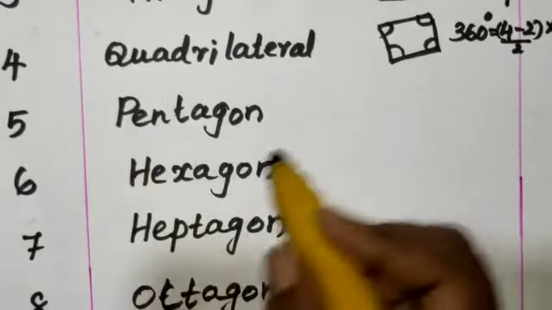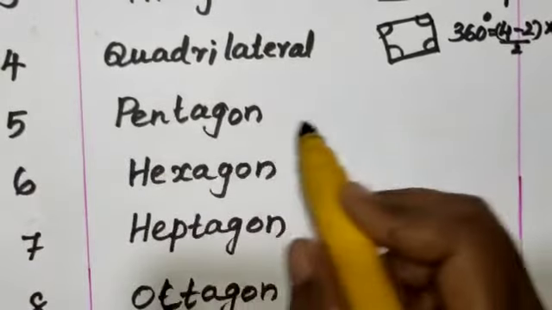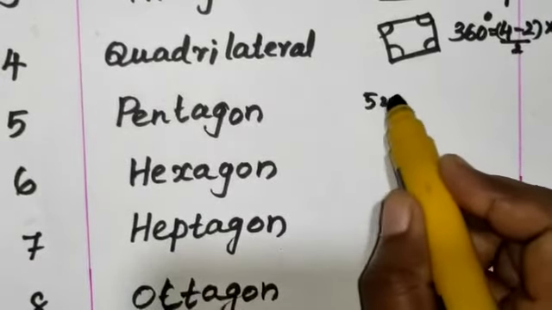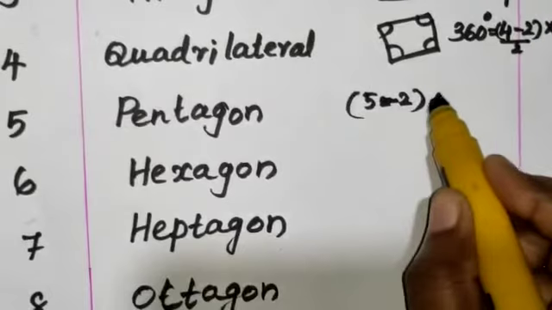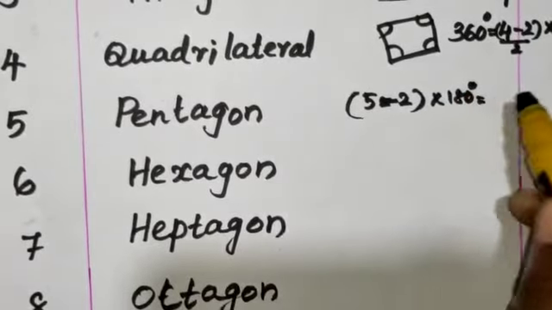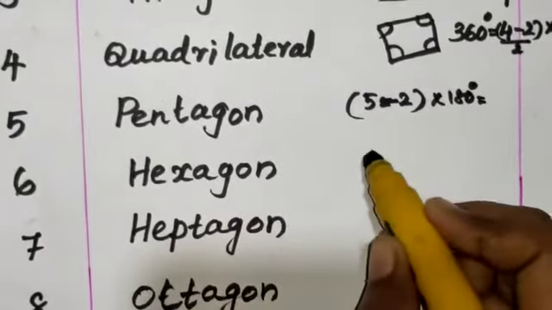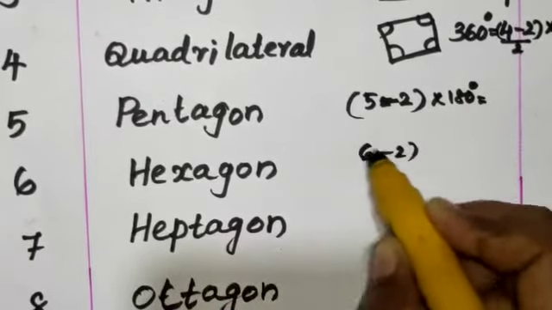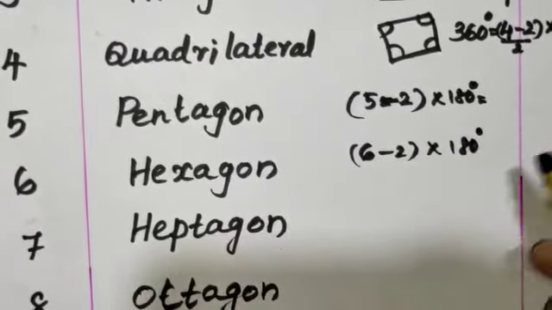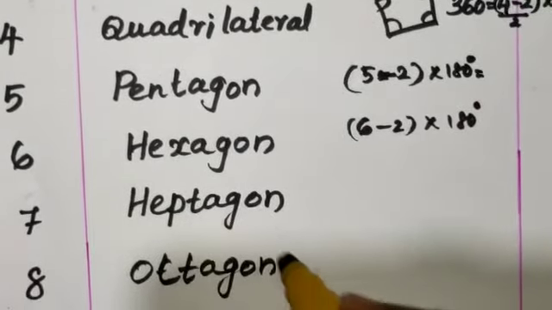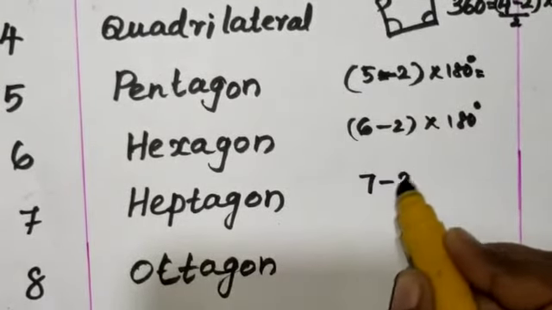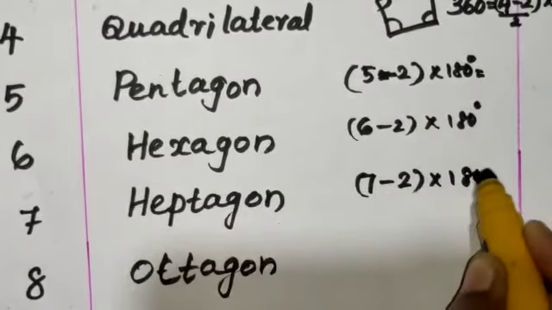See, in a pentagon, there are 5 sides. So, (5 minus 2) into 180 degrees. We will get the sum of all angles. In a hexagon, it is (6 minus 2) into 180 degrees. In a heptagon, it is (7 minus 2) into 180 degrees.